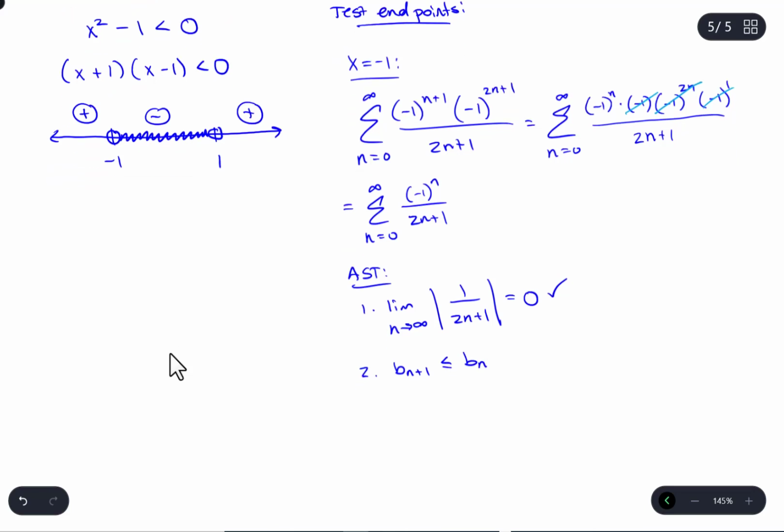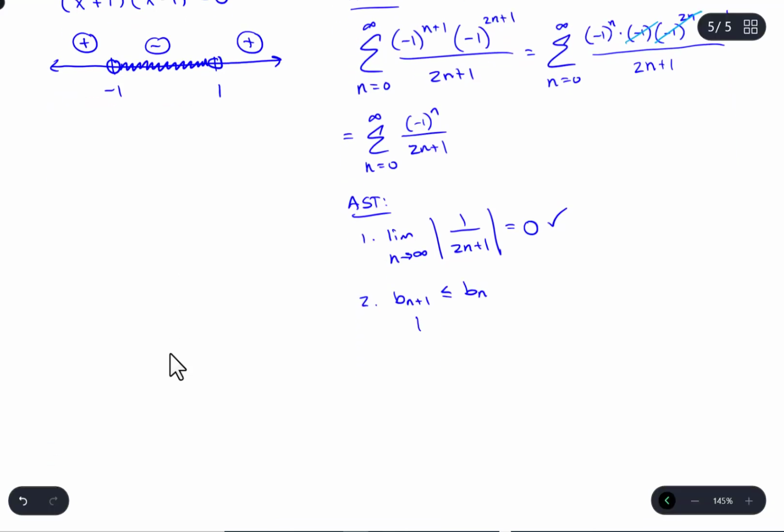So we would need this inequality to hold. The n plus 1th term we've already determined earlier. It's 1 over 2n plus 3. That's got to be less than or equal to 1 over 2n plus 1. But cross multiply: 2n plus 1 less than or equal to 2n plus 3. And if I subtract 2n from both sides, that's a very clear result because 1 is in fact less than 3. So this converges.